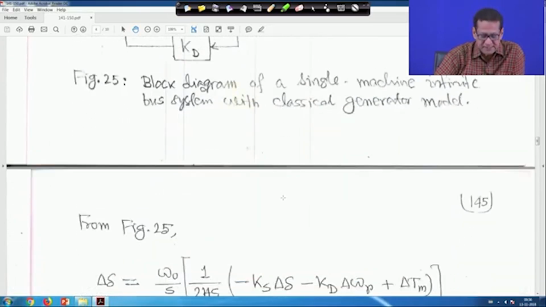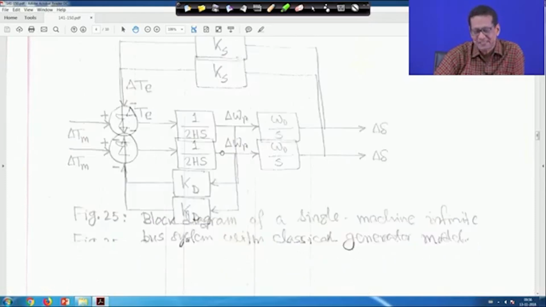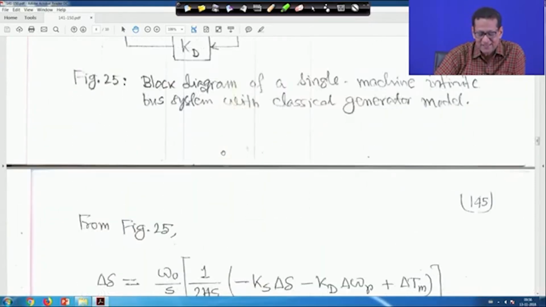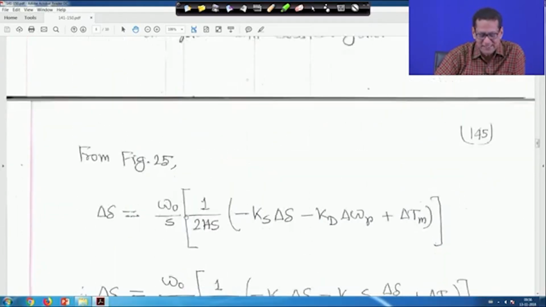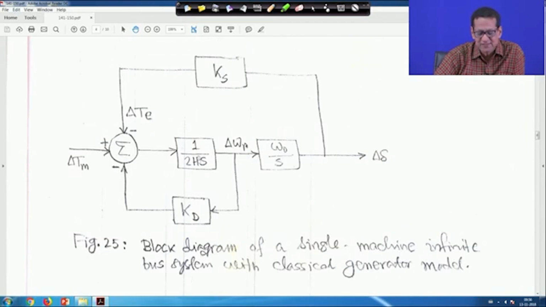Now, next, from figure 25, from this figure you just simplify. I am telling how to do it: delta delta is equal to omega 0 upon s into delta omega r, and delta omega r is equal to 1 upon 2 H s, that we have seen, into delta T m minus K s delta delta minus K d delta omega r.